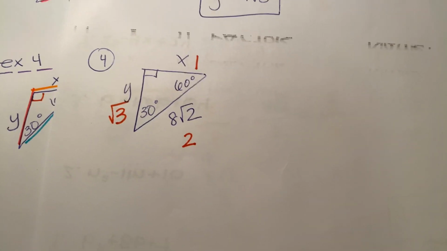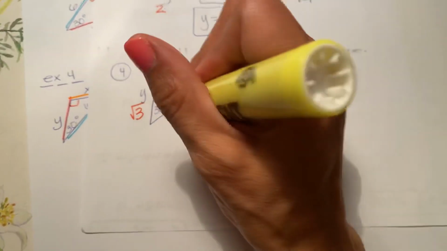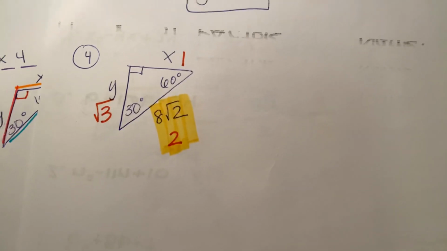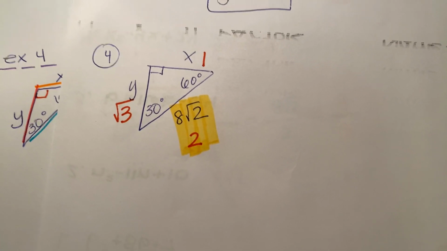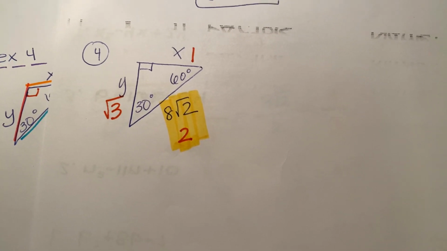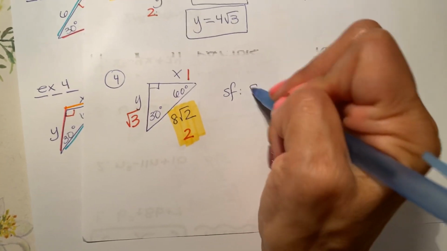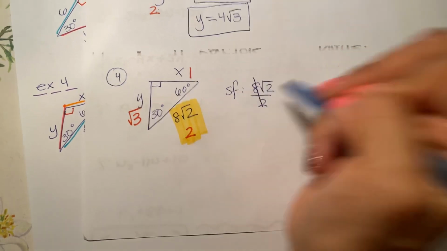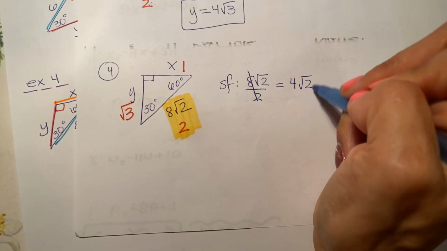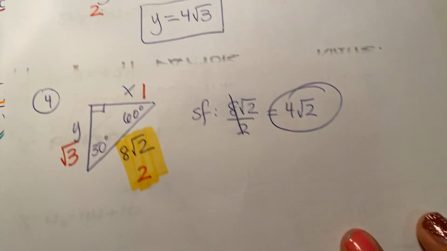Okay, where is your scale factor? Right there. All right, so reduce that. What is 8 rad 2 divided by 2? Well, 8 rad 2 divided by 2 is 4 rad 2. So that is your scale factor.